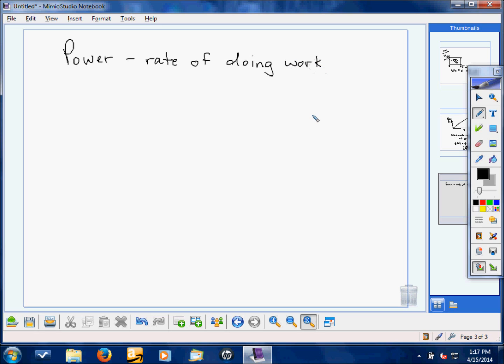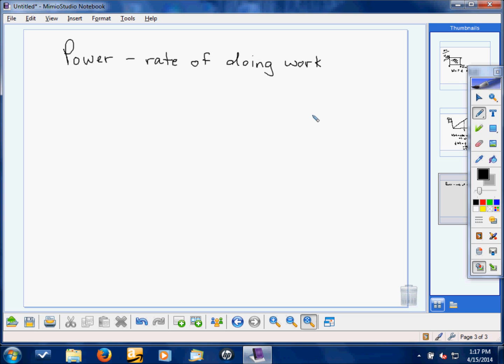Okay, what else can you think of that were rates? Ratio. Well, ratios kind of, but what other rates have we studied this year? Speed, velocity, good.